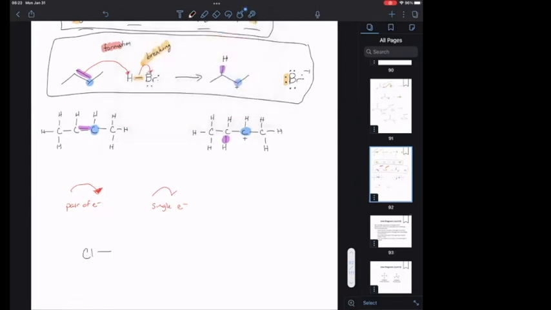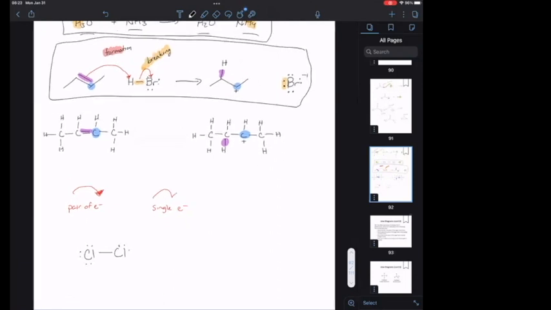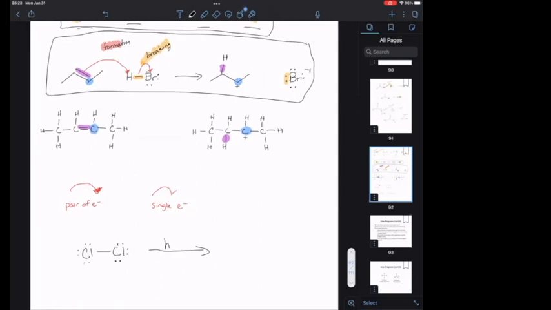So let me actually draw. This would be diatomic chlorine gas. Chlorine has 3 lone pairs. There's something that happens with a chlorine molecule when you hit it with high radiation or high frequency light.